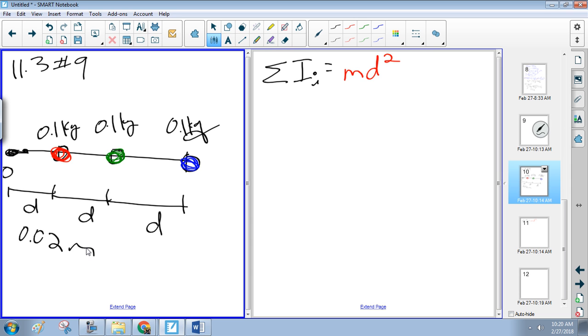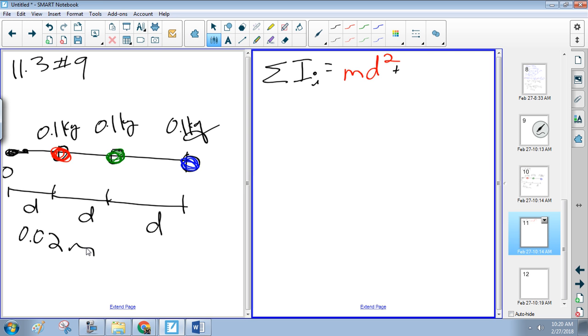All right, so what I just wrote in red here represents the rotational inertia of the red particle, right? Plus the rotational inertia of the green particle would be m times 2d squared, right? Does that make sense? Plus the blue one should be m times 3d squared, right? Are there questions on what I did there?